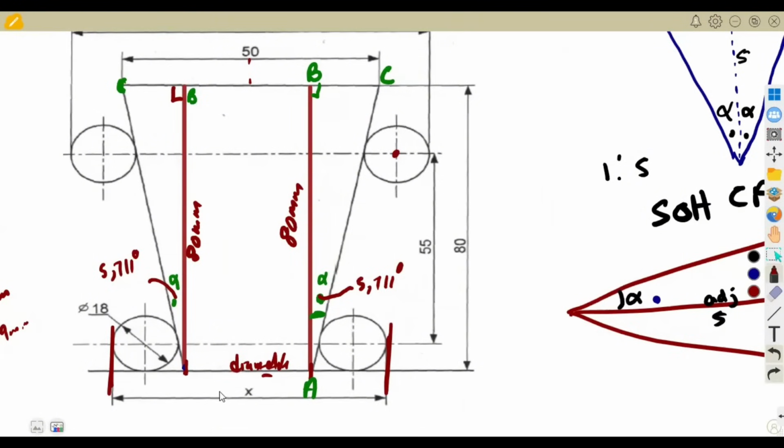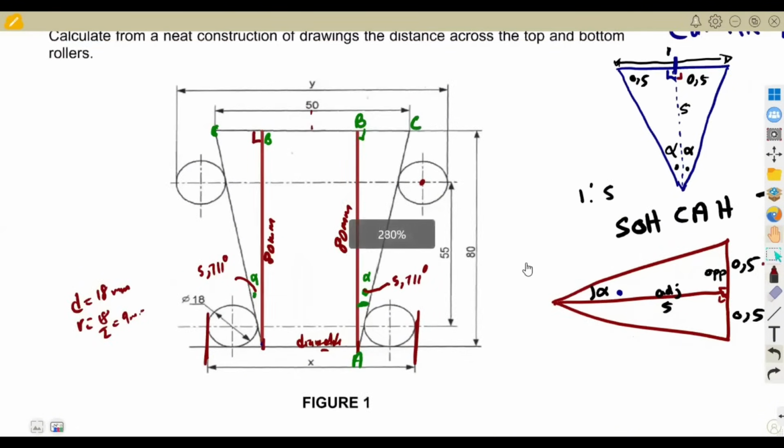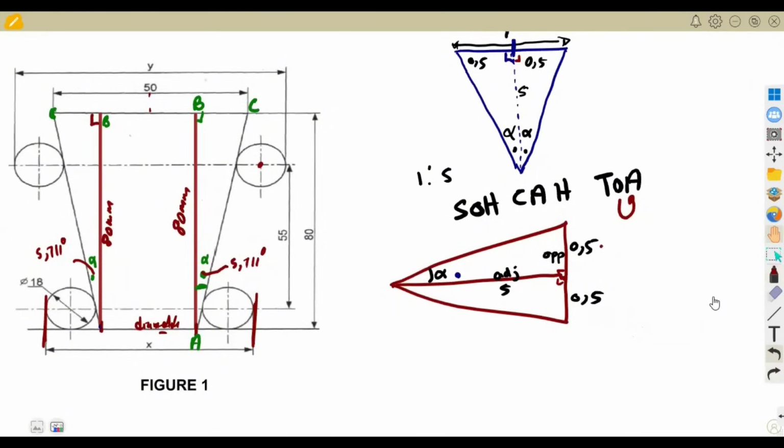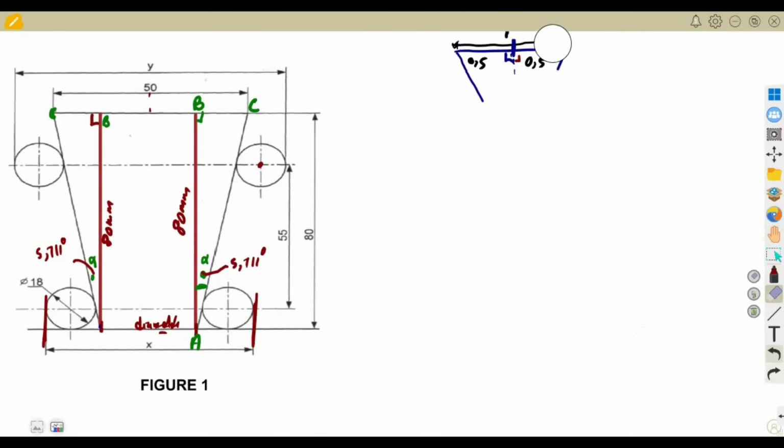So let us calculate our diameter. In order for us to calculate X, we are going to need the diameter on the bottom, which is the diameter on the base. Allow me to remove this part since we have used it and seen where it has played its role.